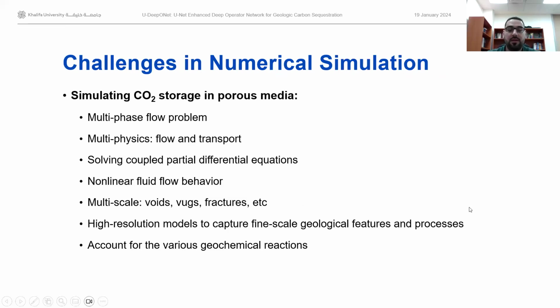So, this problem of simulating CO2 storage is a complex one, and it's a difficult task, mainly because the flow problem is a multi-phase problem, mainly CO2 and saline water that usually exists underground. The problem is also a multi-physics problem because we are solving for flow and transport at the same time, and we are solving for these PDEs that are coupled together, and at the same time, they are highly nonlinear.